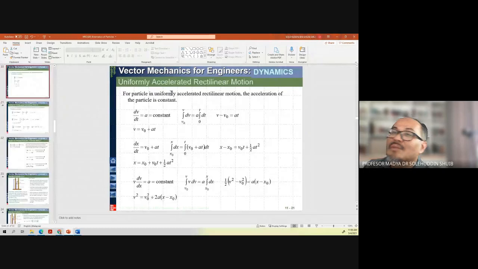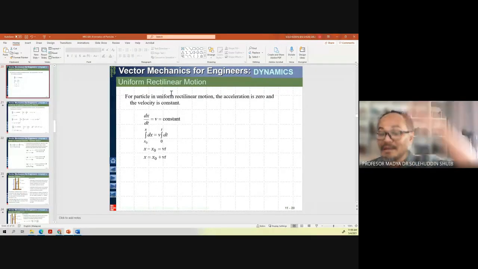Just do 11.2 and 11.3 for your own exercise.